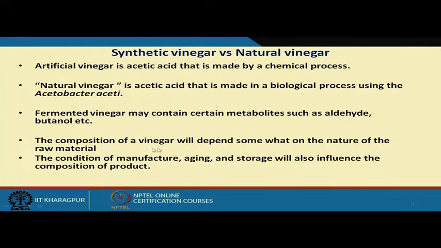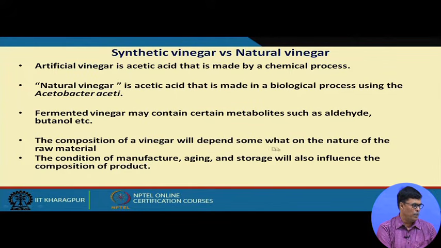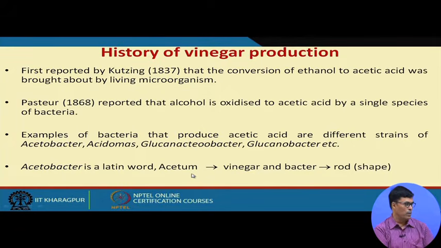The composition of vinegar will depend on the nature of the raw materials. The conditions of manufacture, aging, and storage will also influence the composition of the product. So this is a very important point we should keep in mind.